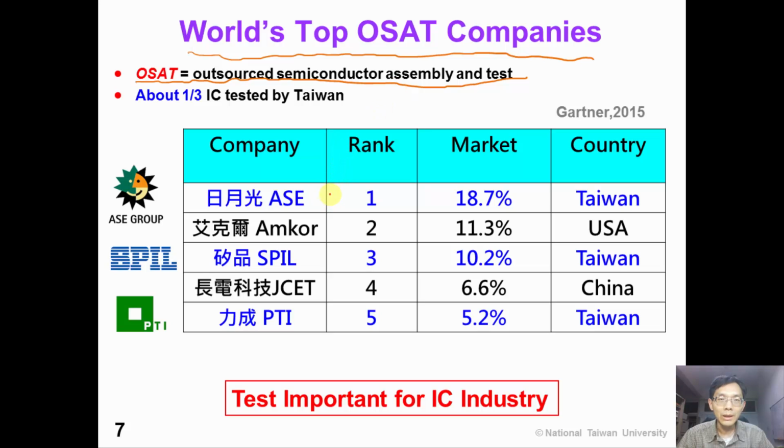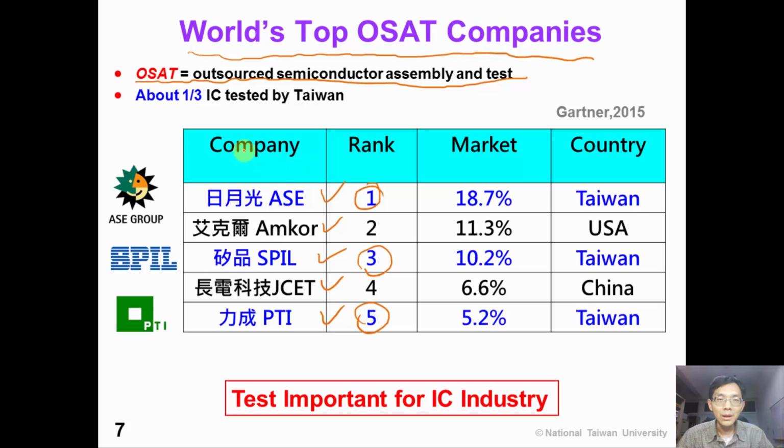The world number 1 OSAT is ASE, followed by MCore, SPIL, JCET, and PTI. From this table, we can see that number 1, number 3, and number 5 OSAT companies are located in Taiwan.